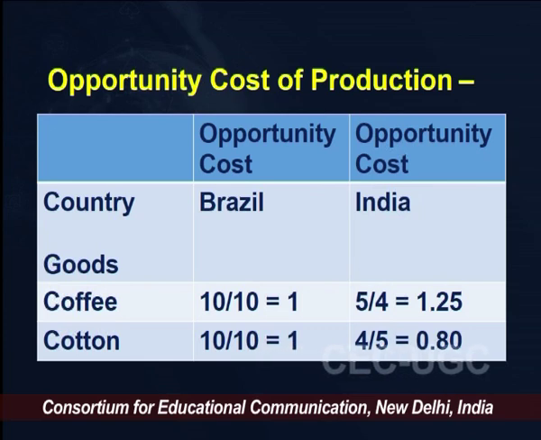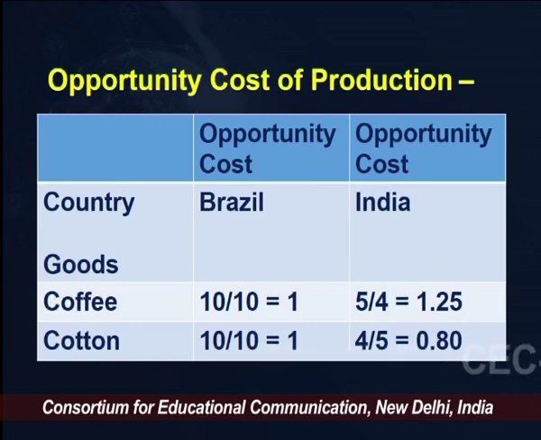Now divide this. For coffee, what is the opportunity cost for Brazil? If they use 10 units for production of coffee and not the 10 units for cotton, then 10 by 10 is 1, and for cotton again 10 by 10 is 1. But when we talk about the opportunity cost of India, if they devote 5 units for coffee and nothing for cotton, then it is 5 by 4, that is 1.25, the opportunity cost.